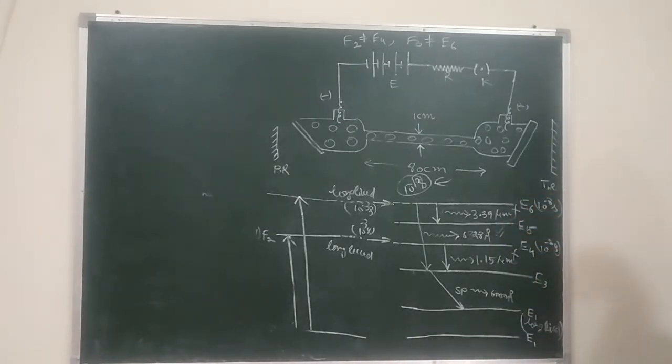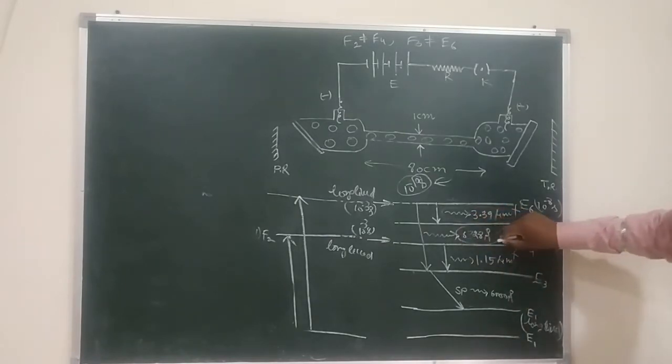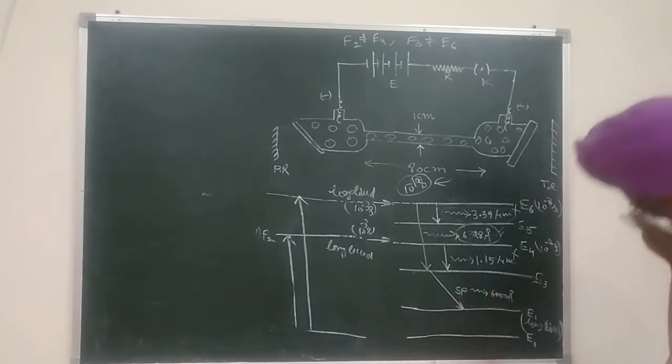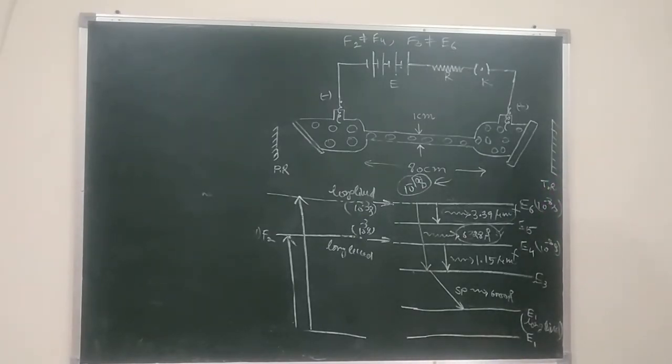As a result, in the output, you will get light of wavelength 6328 angstrom. And this produces the perception of color in the red region. So you will get light which is in the red region of the visible spectrum.